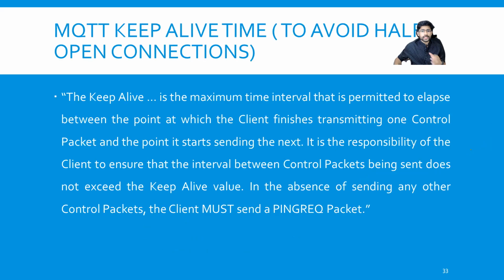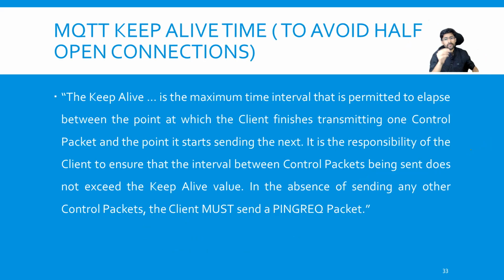There is one more concept called keep alive time. This is basically used to avoid half-open connections, right? There could be a case where your sensor is sending data at 1-minute interval, but between that minute there is no data. How will my client and broker know that they are still connected?